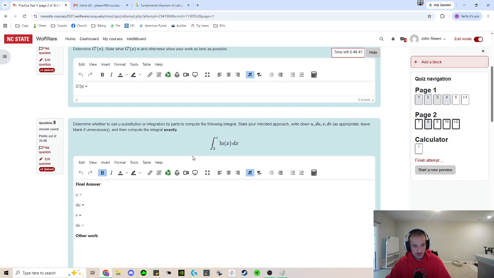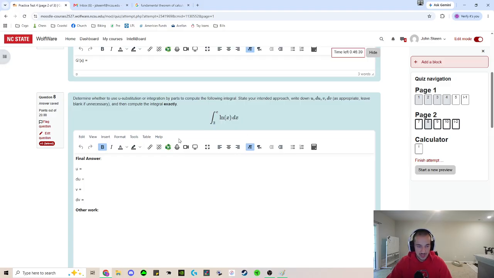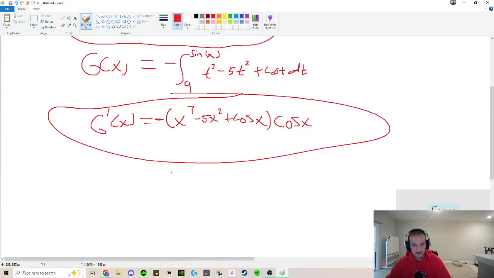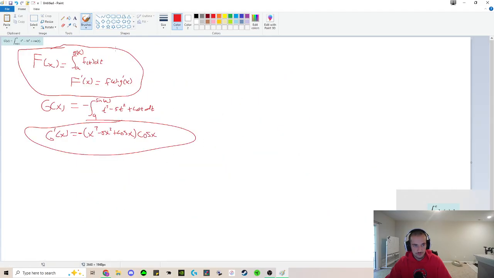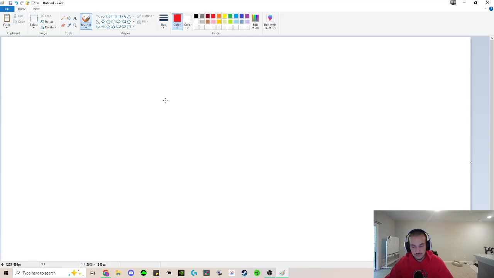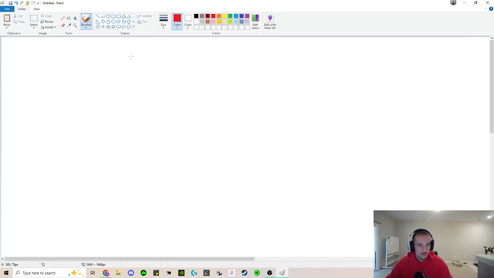Okie dokie. Let's go down here. We're going to integrate ln. Let's do it. Okay. Integral of ln. You think, okay, well, ln just integrates to 1 over x.